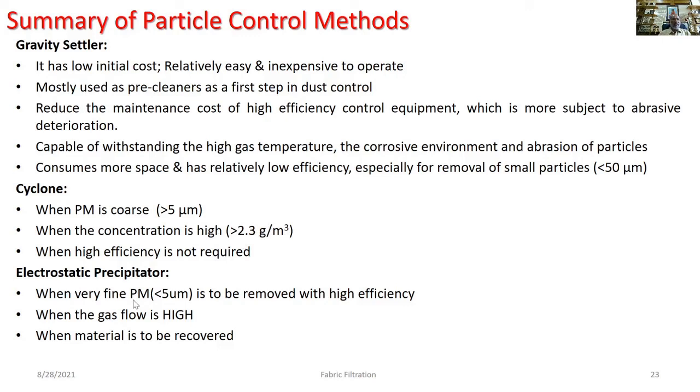In this particular presentation itself, we have discussed many features about the electrostatic precipitator. As we discussed, this is very versatile equipment and it can be employed for removal of the particulate which is even less than 5 micron.